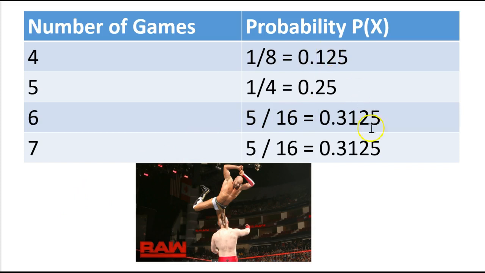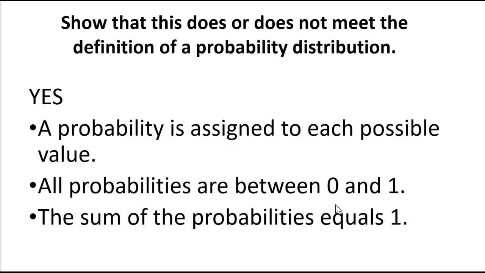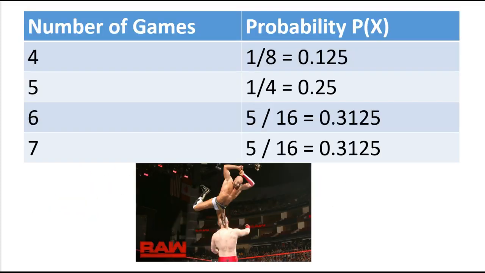Looking above, all of these probabilities are between 0 and 1. And then finally, the last thing we need is that the sum of the probabilities is equal to 1. So looking here, if we add up each of these values, we do find that that is equal to 1. So we have met the definition of a probability distribution.